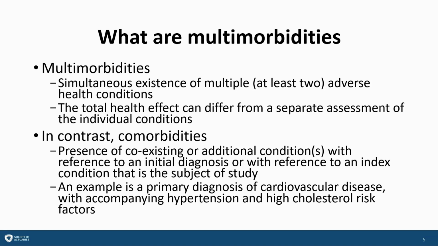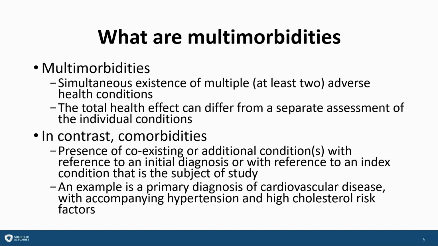And I think that we focus maybe a little too much on the individual condition and the mortality and morbidity effects. In contrast, I was a little confused about the difference between a multimorbidity and a comorbidity. Well, it's fairly straightforward once you get familiar with it. It's the presence of coexisting or additional conditions with reference to the study, the diagnosis, when you're the subject of the study.